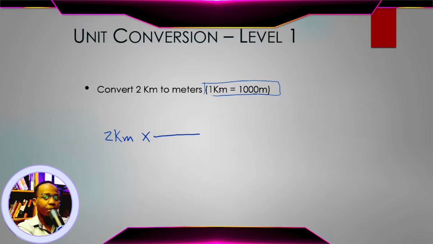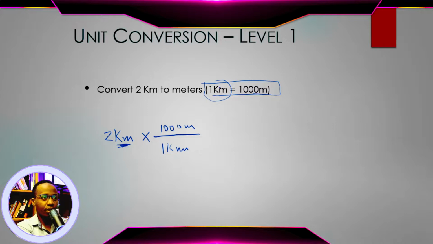So from the formula, you're going to figure out which one goes to the bottom, which one goes to the top. The unit you have here is what you put to the bottom. So the 1 kilometer is going to go to the bottom. The 1,000 meters is going to go to the top.